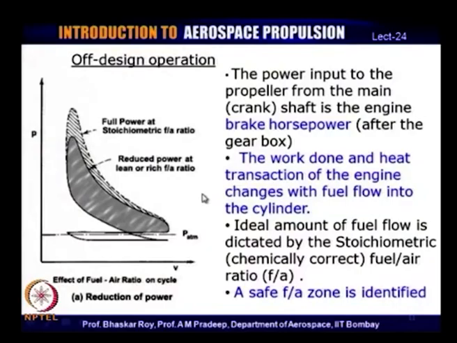It depends on the fuel, and every fuel depending on its chemical composition has an identified stoichiometric fuel air ratio. Quite often around this ratio there is a safe fuel air ratio zone that can be identified, and the aircraft has to operate within this safe fuel air ratio zone.